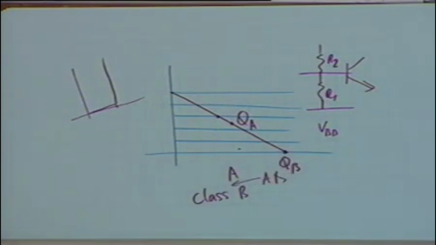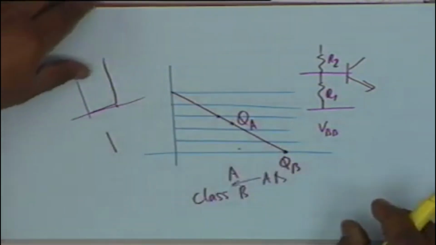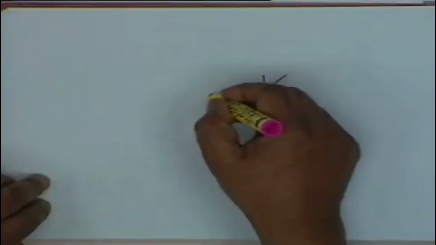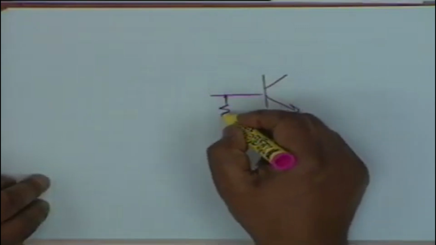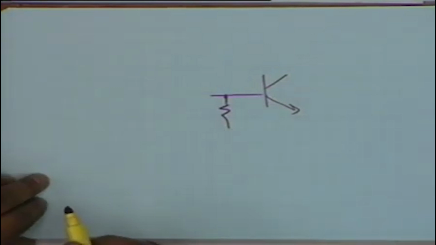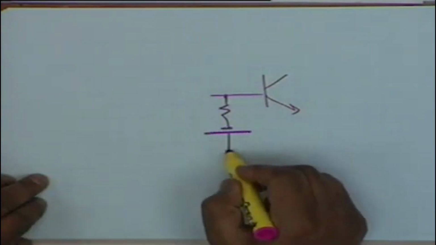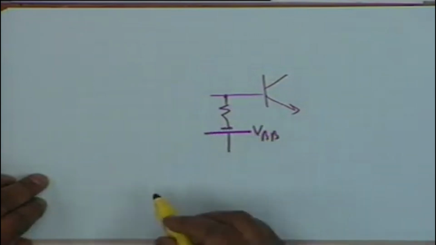Now suppose you go to the other extreme, that is, you take a transistor, let us look at the base circuit only. Suppose instead of a positive battery here, instead of positive V_BB you connect a negative V_BB, all right.